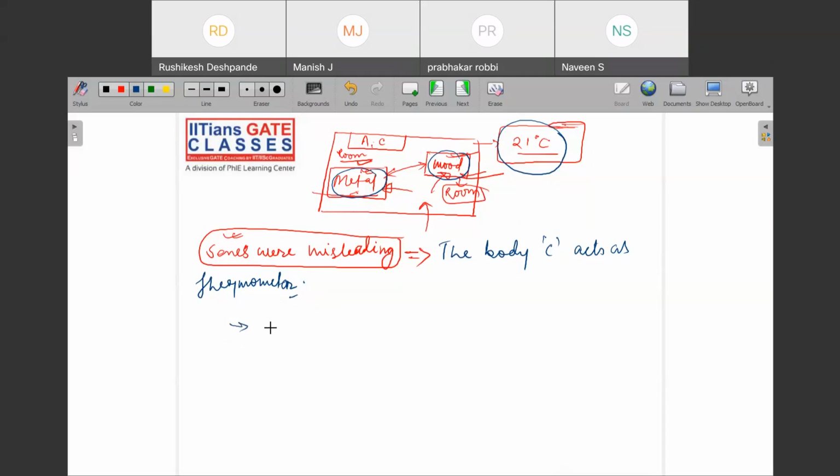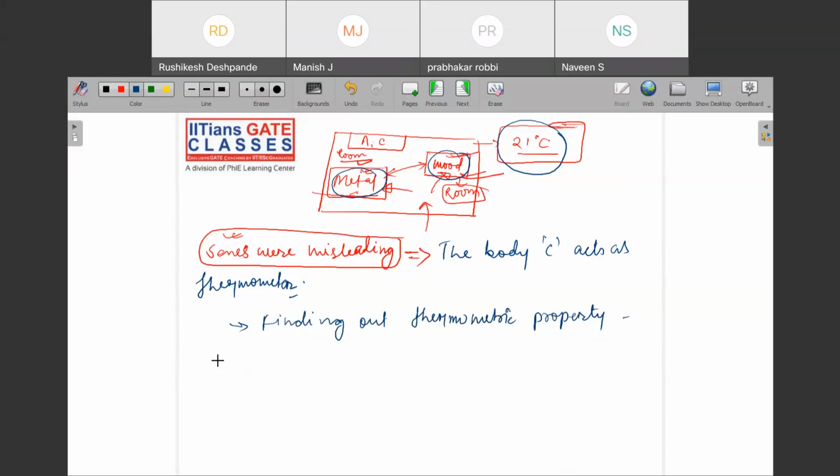Let me help you through the examples directly. So thermometers are based upon finding out a thermometric property. So what are those thermometric properties?